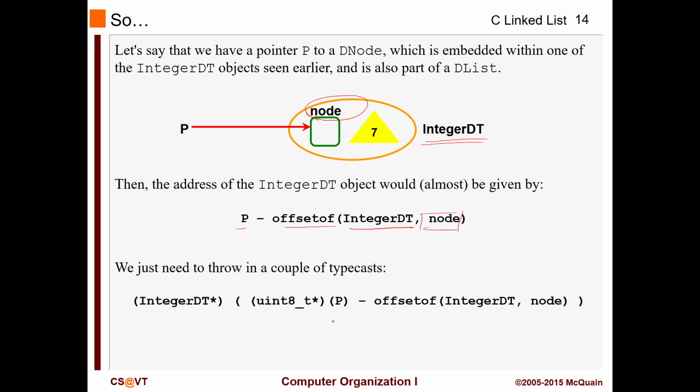It would almost work, but there is a little bit of typecasting you need to do, because it needs to be pointer arithmetic so that it works for everyone. So then you introduce the type over here.